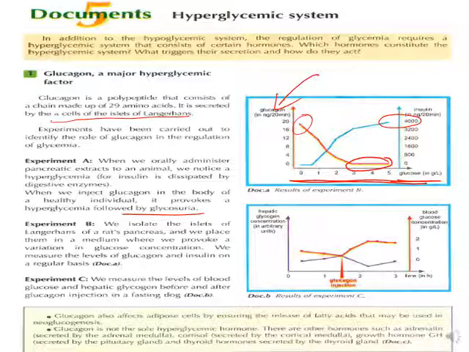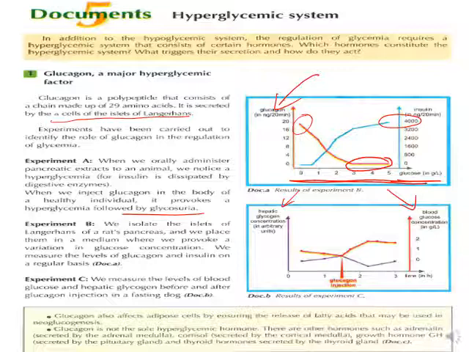Okay, so let's move to experiment C. We measure the levels of blood glucose and hepatic glycogen. The level of glucose and hepatic glycogen concentration are measured before and after glucagon injection in a fasting dog.